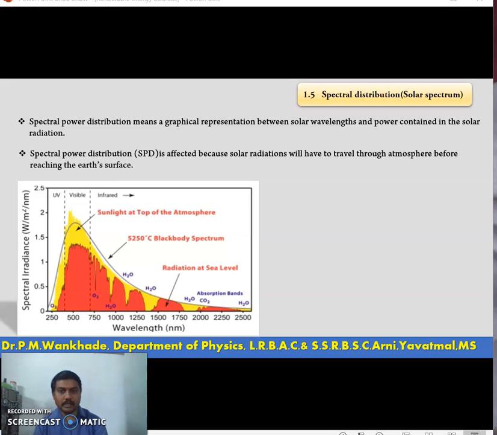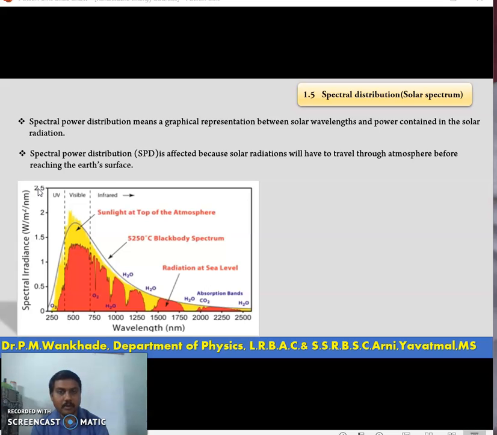A graph is plotted between solar wavelength on the x-axis and power contained in the solar radiation on the y-axis. The graph is as shown in the figure. Spectral power distribution is affected because solar radiation has to travel through the atmosphere before reaching the Earth's surface.